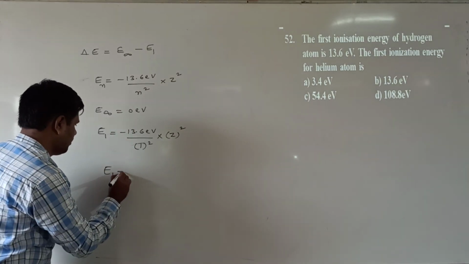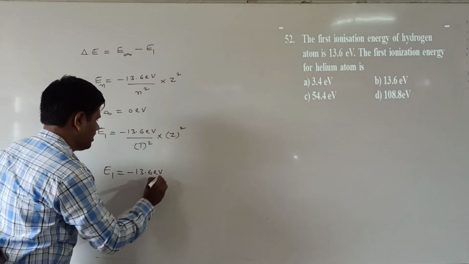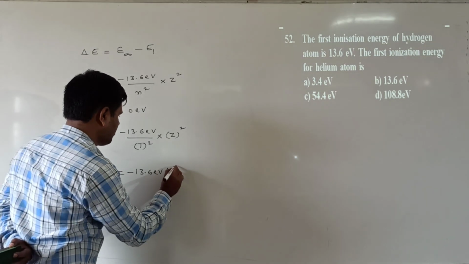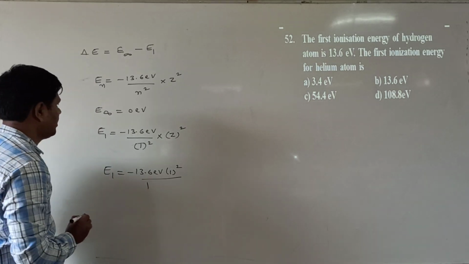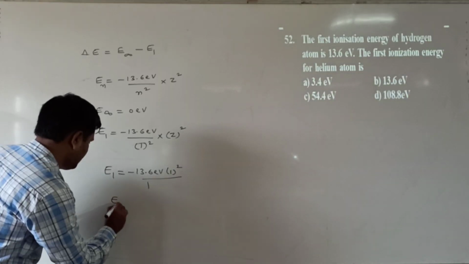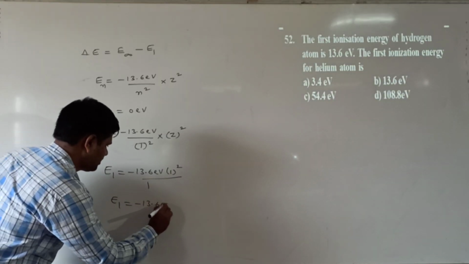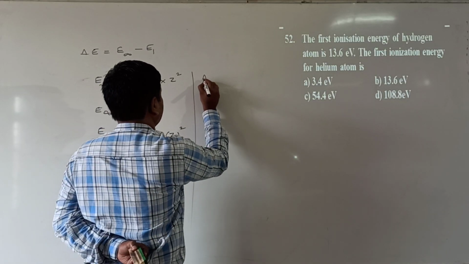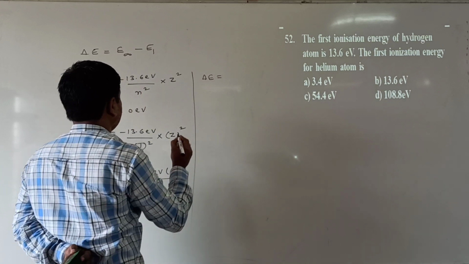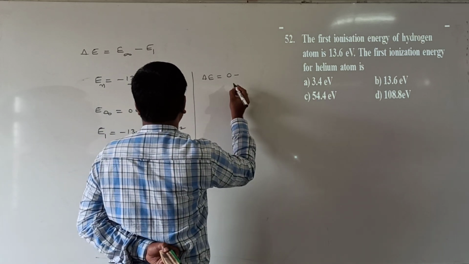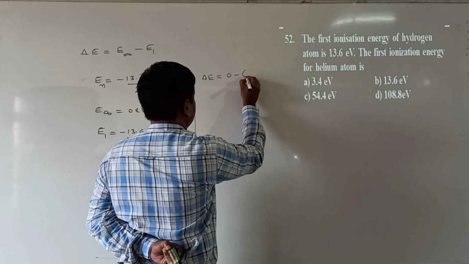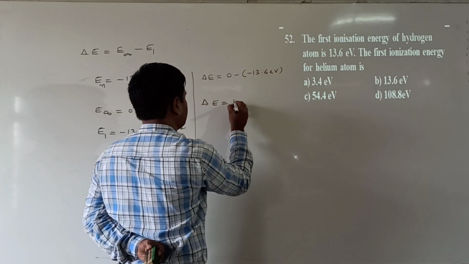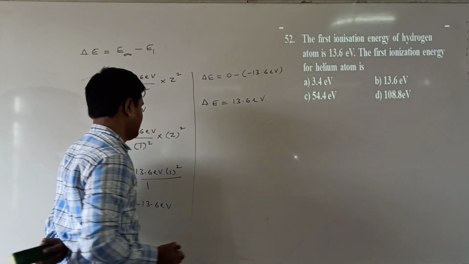Now E1 equals minus 13.6 electron volts into Z value, for hydrogen Z is 1, so 1 square by 1. So E1 is minus 13.6 electron volts. Now for the ionization energy of hydrogen, E infinity is 0, so 0 minus of minus 13.6 electron volts. The ionization energy is equal to 13.6 electron volts.